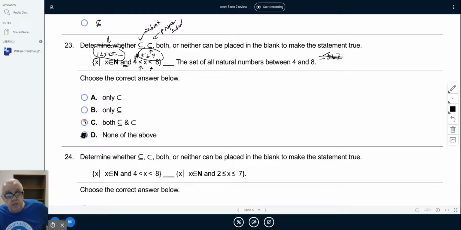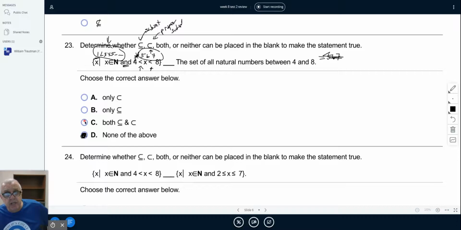Determine whether the set of natural numbers between 5, 6, 7 is a subset of the natural numbers, but 1, 2, 3, 4, 5, 6 is not a subset.